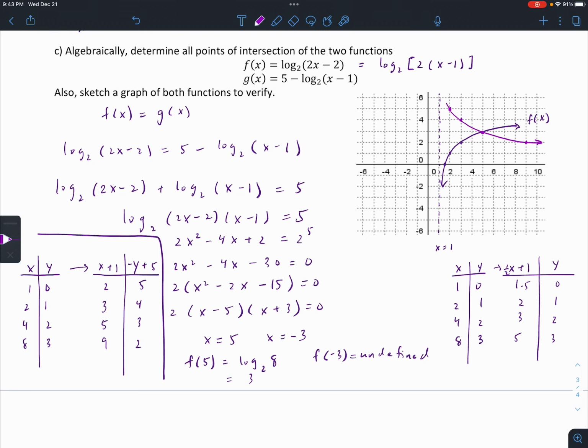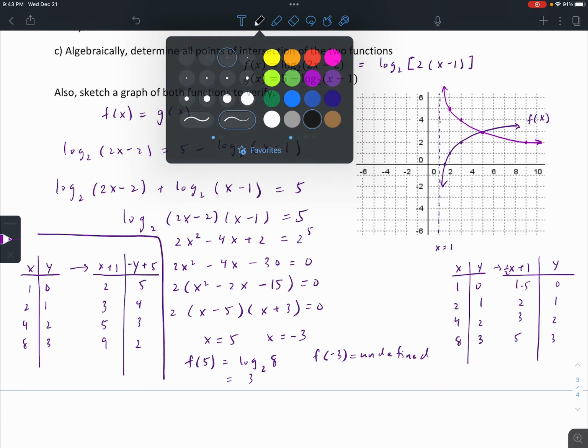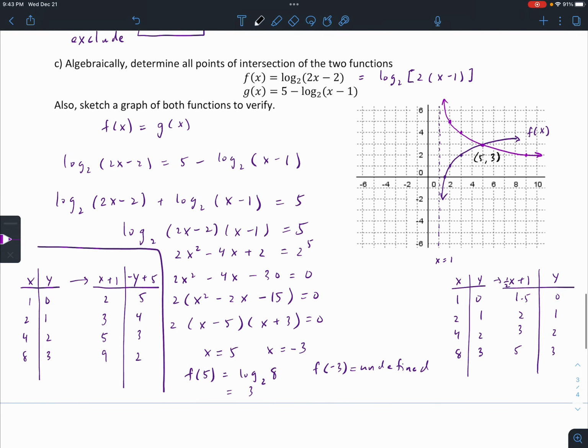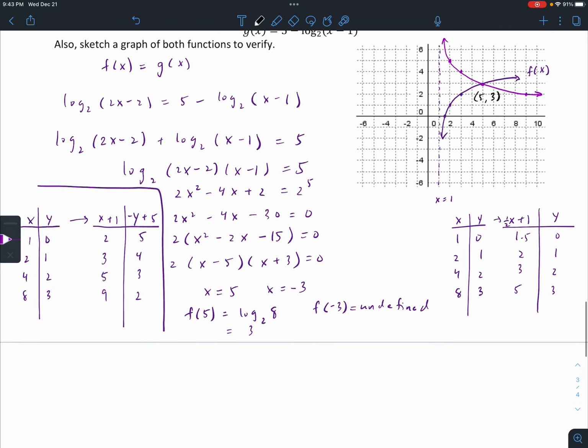It has been reflected, but yeah, that's what it's going to look like. So our point of intersection is at 5 and 3 in this case. And there's only one point of intersection. Okay, so we can state that here.